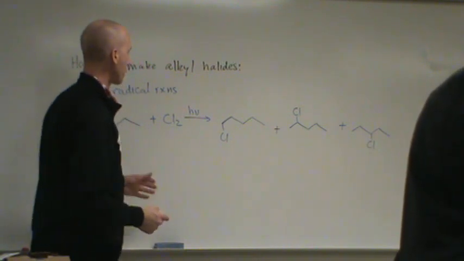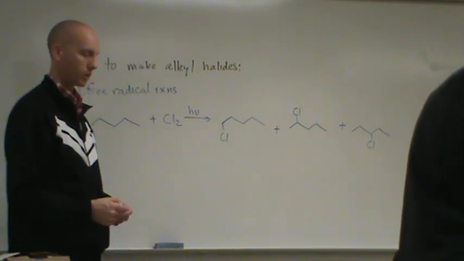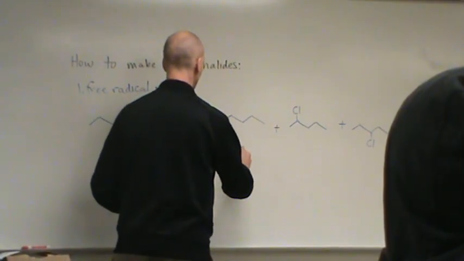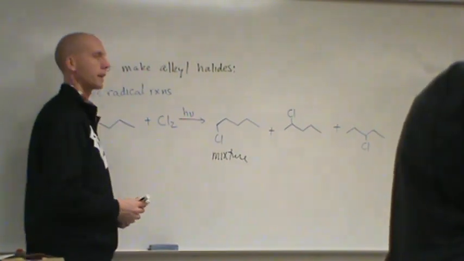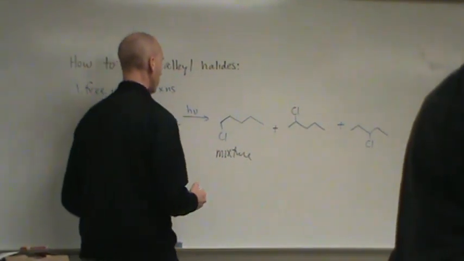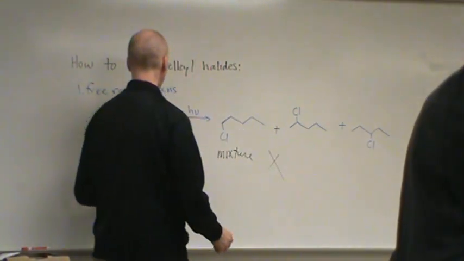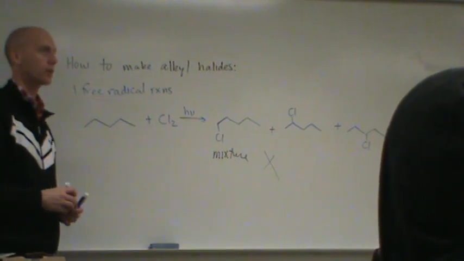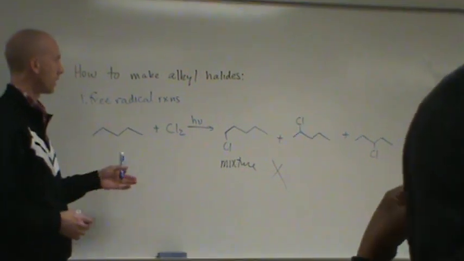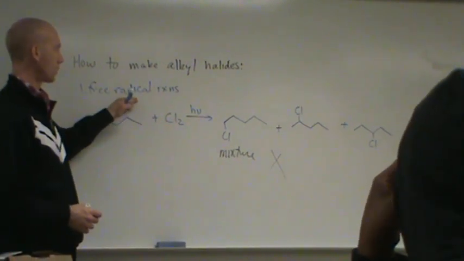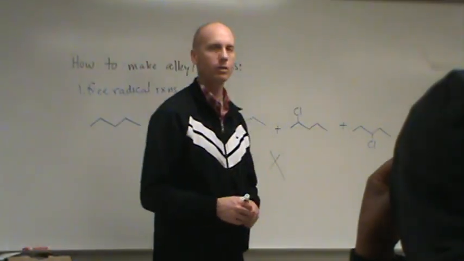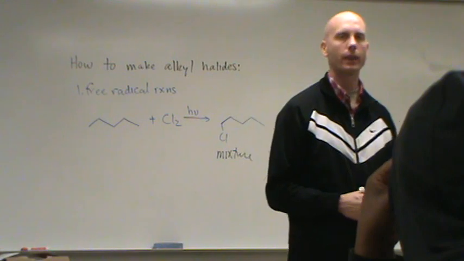So here you end up getting what? A mixture of products. In organic chemistry, we don't like mixtures. We like to just get one pure product. So free radical reactions are not good in order to just get one product. So we're not going to make alkyl halides using this method here. So we're going to use another method. Any questions on that?